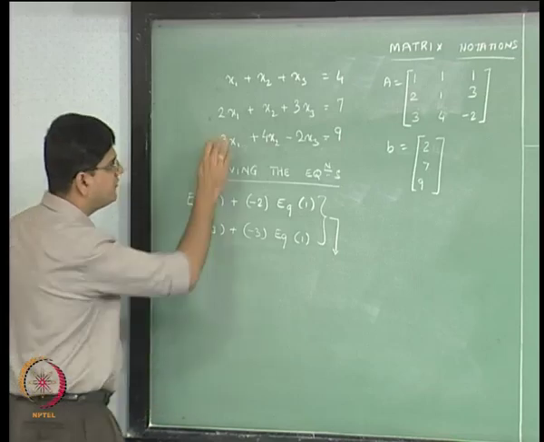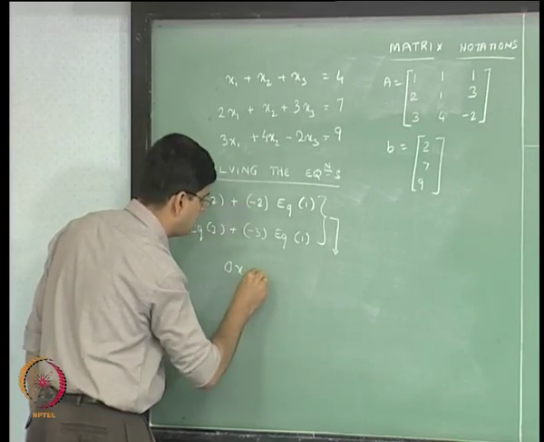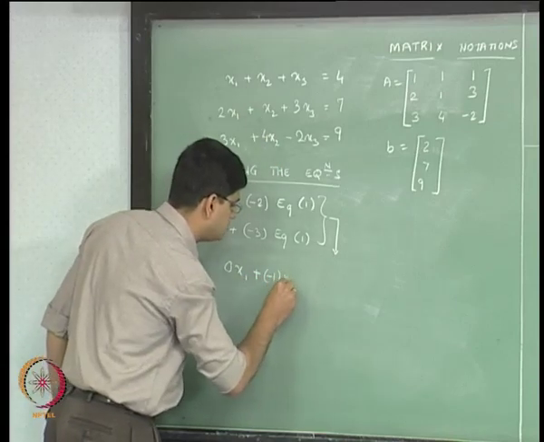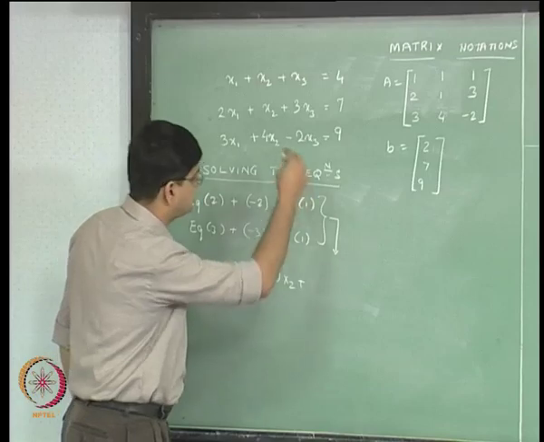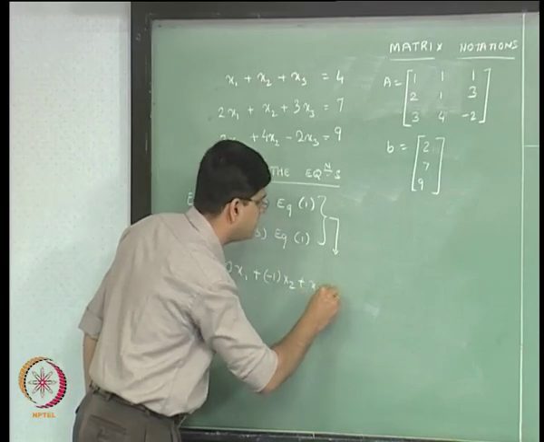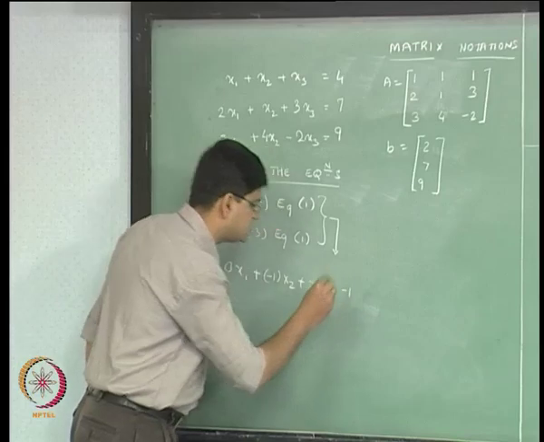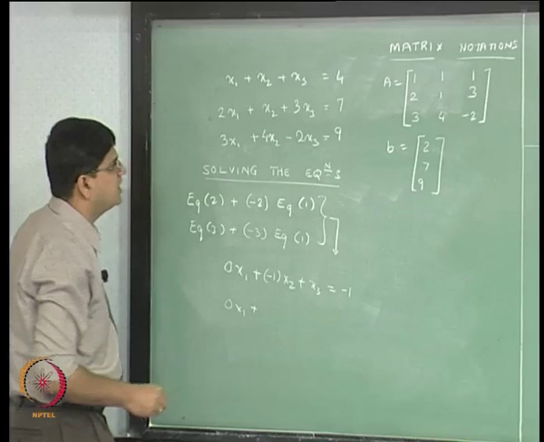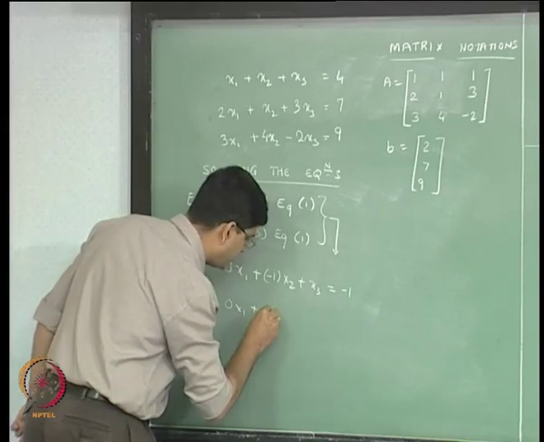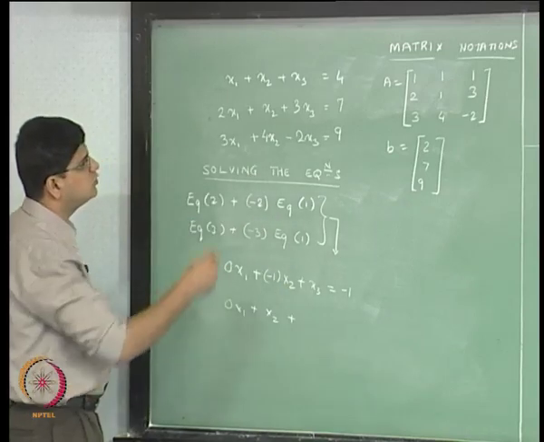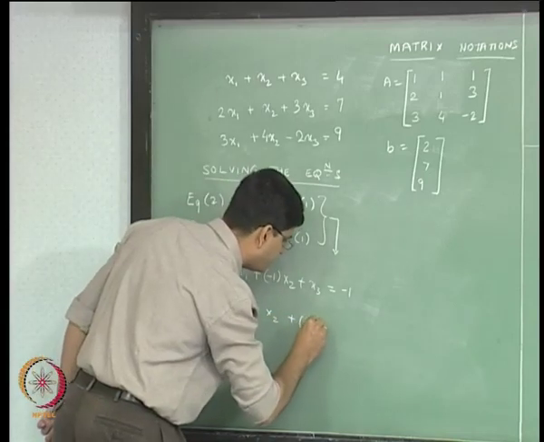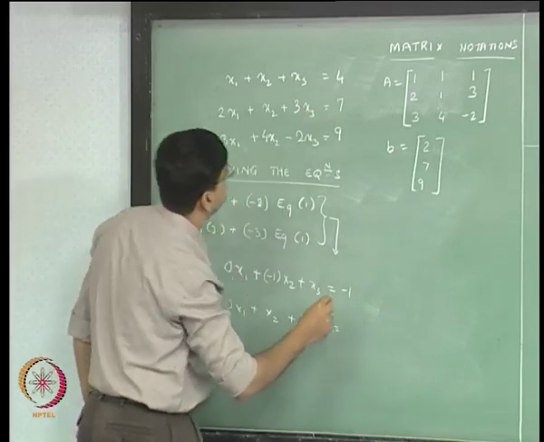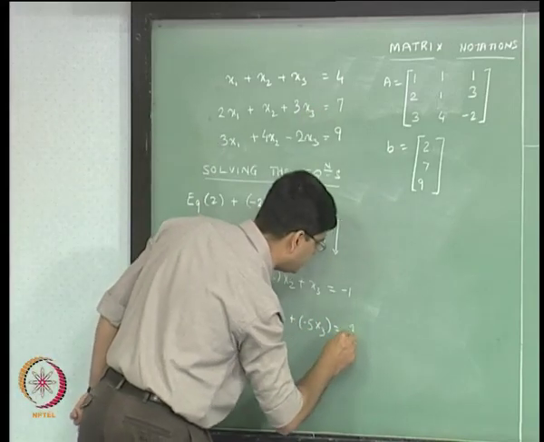Okay, and they will give 0 x1 plus 1 minus 2, that is minus 1 x2 plus 3 minus 2, that is 1 x3, equal to 7 minus 8, that is minus 1. We will again have 0 x1 plus 4 minus 3, that is 1 x2 plus minus 2 minus 3, that is minus 5 x3, equal to 9 minus 12, that is going to be equal to minus 3.